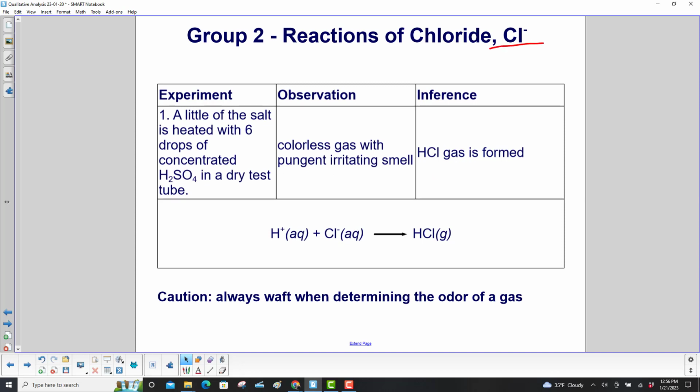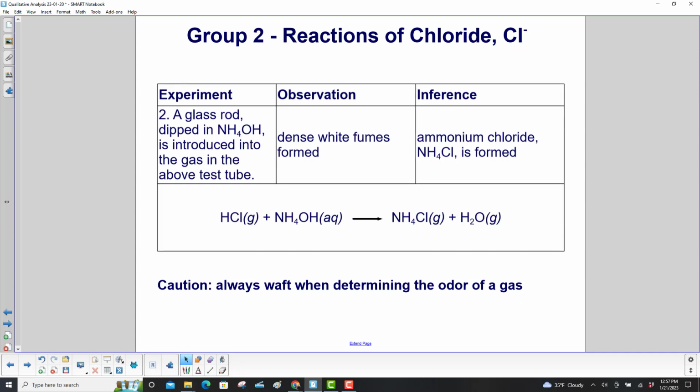Moving over to chlorides. Experiment: a little of the salt is heated with 6 drops of concentrated sulfuric acid in a dry test tube. Observation: a colorless gas with a pungent, irritating smell. Inference: hydrogen chloride gas is formed. And again, caution, always waft when determining the odor of a gas.